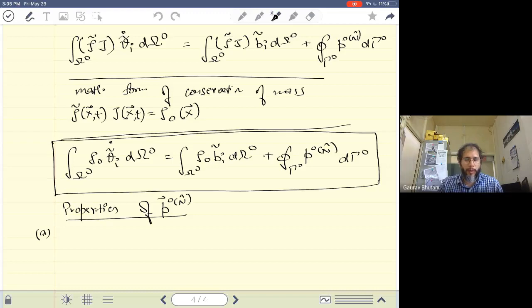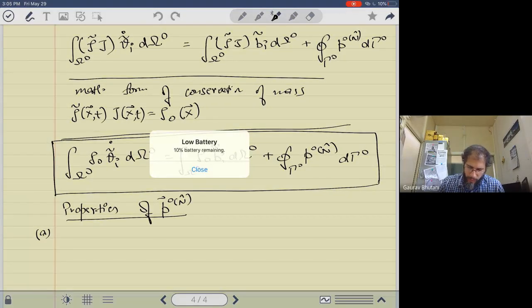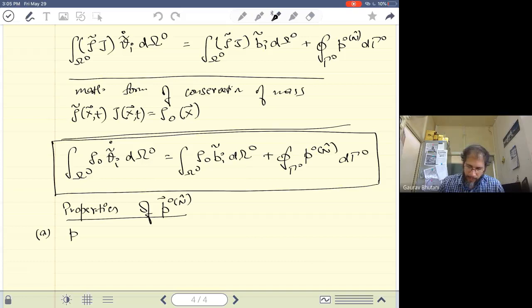Okay. So remember, this P naught corresponds to the traction vector T that we had for the Cauchy stress. Now this is a stress vector defined in the material coordinates for areas n hat. Okay, so the first property of P, which I won't derive, I'll just state it.